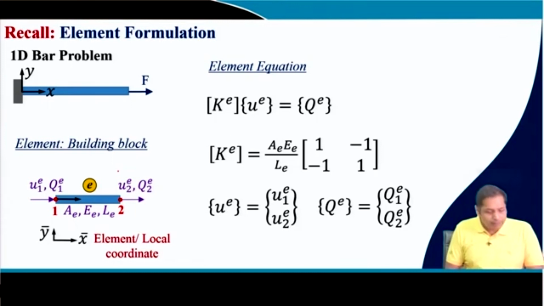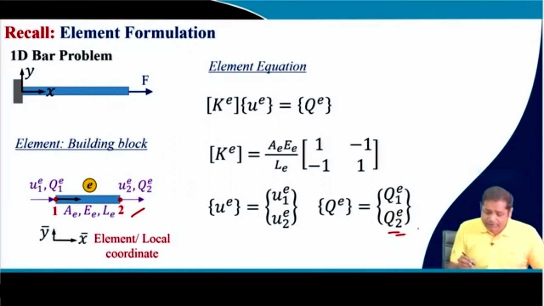So this is quickly the summary of the discussion in the last 4 weeks. If you have a 1D bar problem, the elements are the building blocks, right? This is the 1D bar element. We have 2 nodes here, and at every node we have 1 degree of freedom, and therefore for the entire element, we have 2 degrees of freedom. The element equations are written like this, and the stiffness matrix is a 2 by 2 matrix because we have 2 degrees of freedom, U1 and U2, and these are the generalized forces.